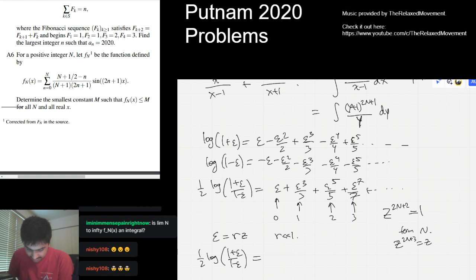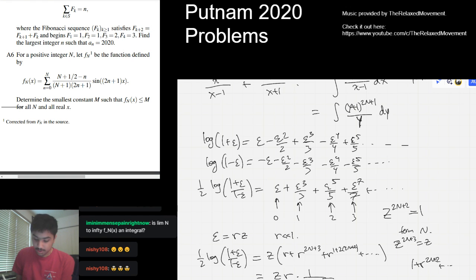It's like z times r plus r to the 2n plus 3 plus r times r to the 1 plus... so instead it's equal to zr times 1 plus this times this geometric series, which is essentially 1 plus r to the 2n plus 2 plus so on, which is essentially just 1 over 1 minus r to the 2n plus 2.